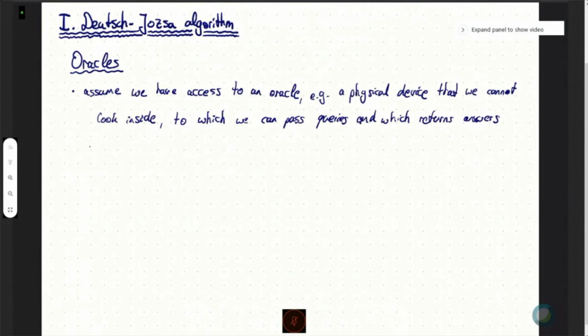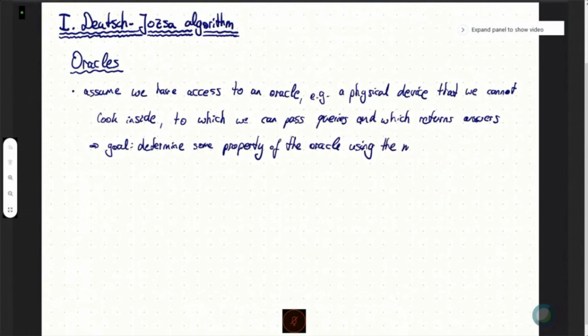So the goal then is that given such an oracle, we want to determine some property of this oracle. And ideally, we try to minimize the number of queries that we make to the oracle.